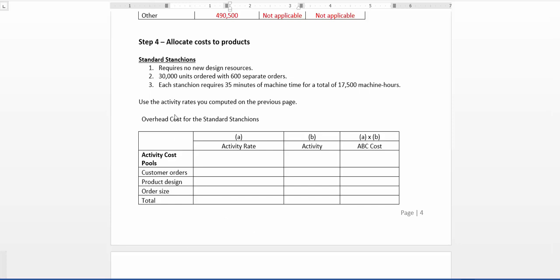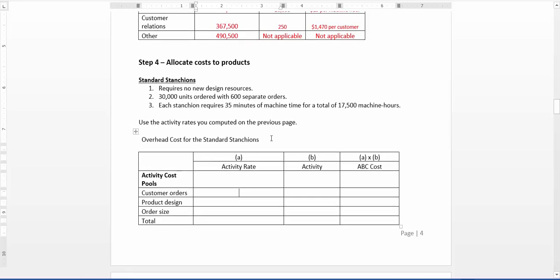Okay, so here's the information about the standard stanchions. They require no new design resources. 30,000 units were ordered with 600 separate orders. Each stanchion requires 35 minutes of machine time for a total of 17,500 machine hours. Okay, so let's look at each of our cost pools and see how much cost we have to allocate to this product.